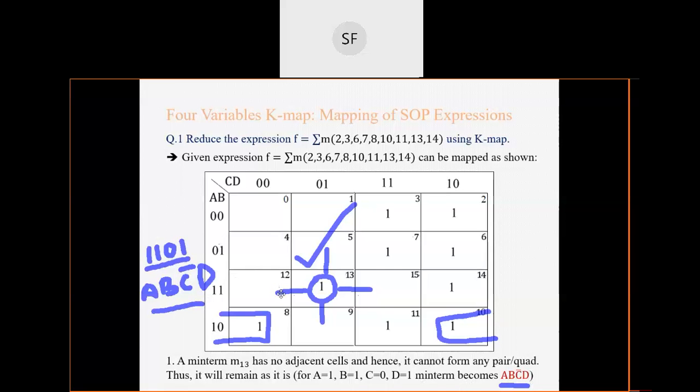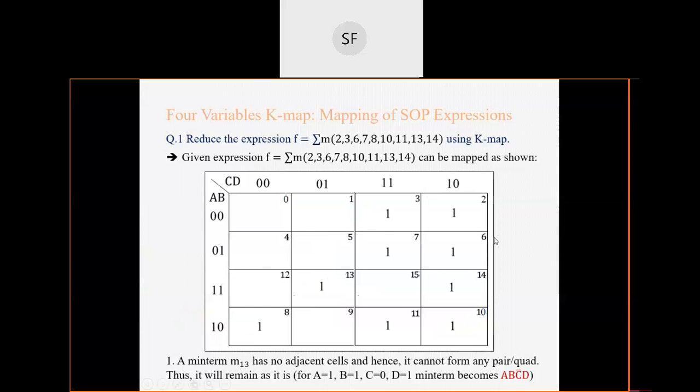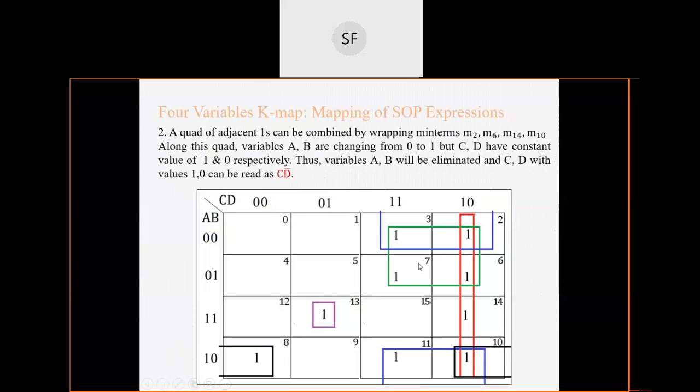Okay, so about isolated terms, we have already taken care of them. So we'll just go to the next slide. Here you can observe I have denoted all the quads. One quad is this green color quad. Then there is a red color quad.